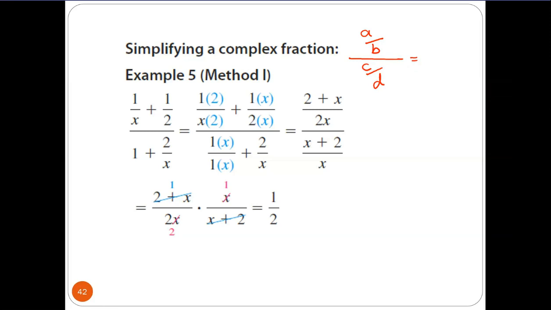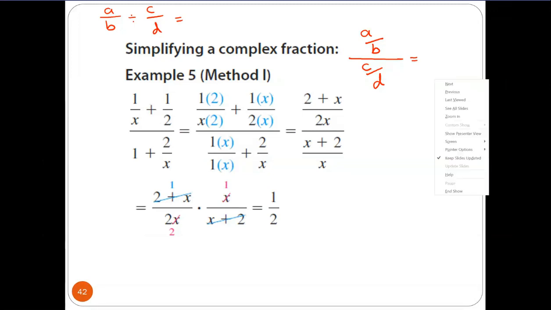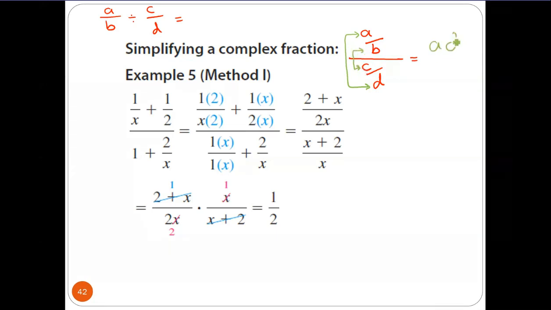Fraction over fraction is the same as A over B divided by C over D, just in another form. Here we can multiply A with D and B with C. So the result is AD over BC directly. Okay.